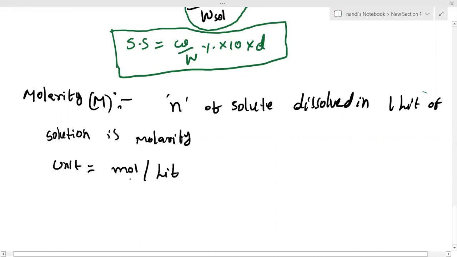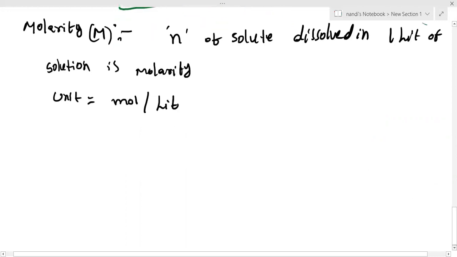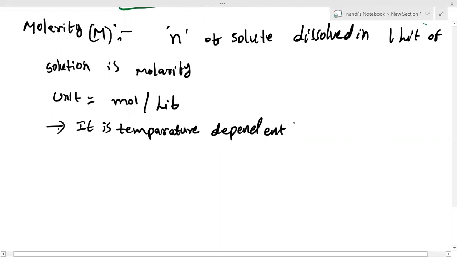I'm going to derive the formula from the unit only. If you know the formula, you can write the unit, or if you know the unit, you can write the formula. It is temperature dependent. By changing temperature, the volume of the solution changes, so the concentration also changes. That's why we call this temperature dependent.